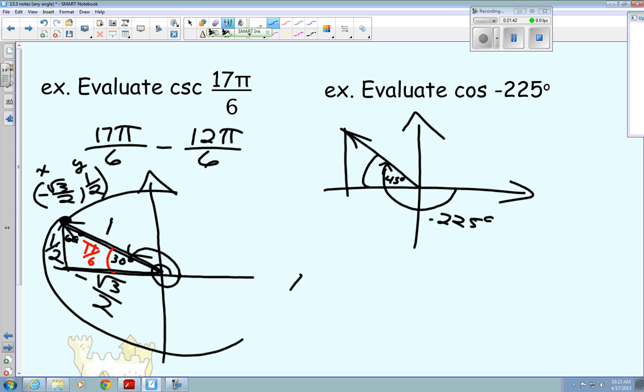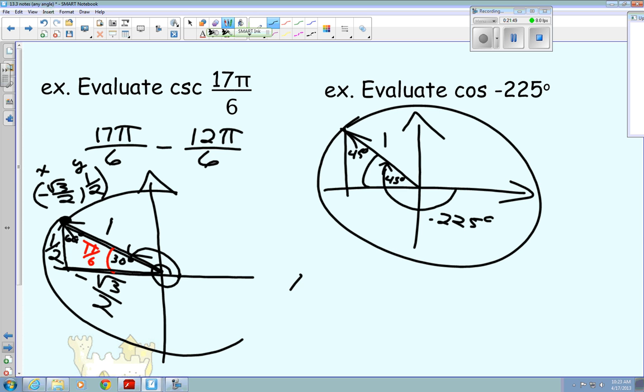So that creates a 45, 45, 90 triangle. If my hypotenuse is 1, then 1 over root 2 is the length of both of my legs. The hypotenuse is a root 2. If it's 1, then you say that 1 equals a root 2.